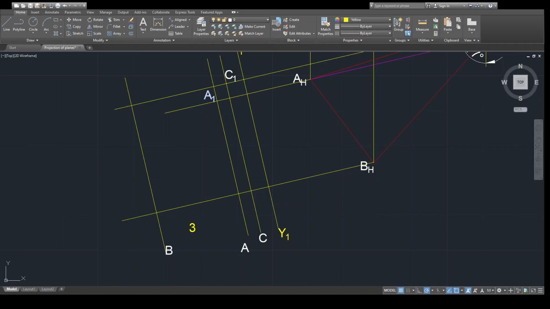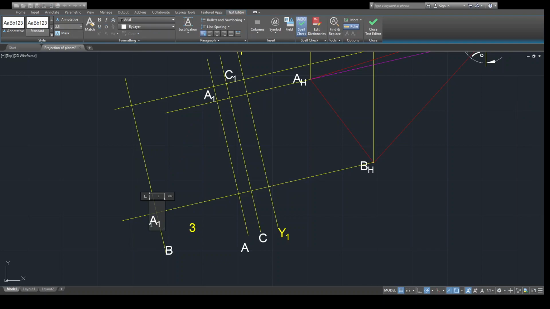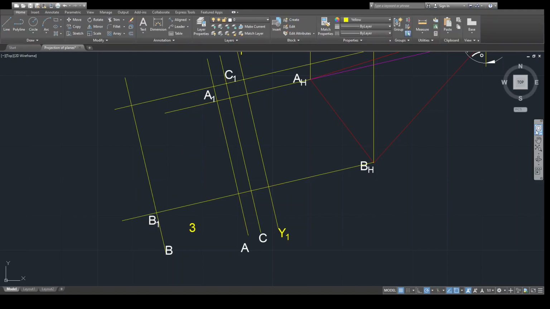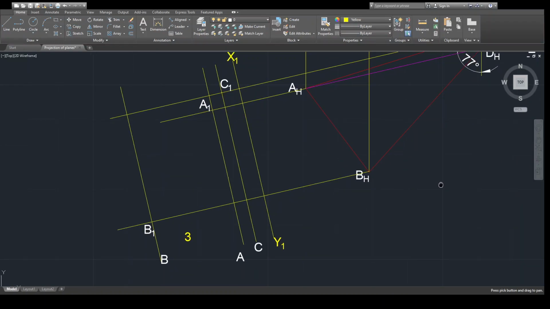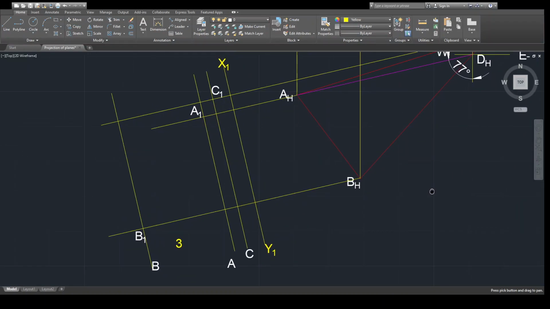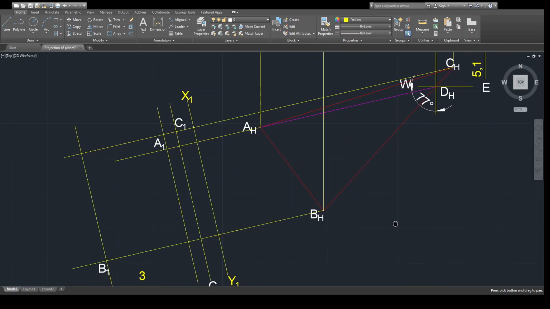So this is B1. Let us rename it to B1. We have obtained points A1, B1, C1. Obviously A1 and D1 are the same point.